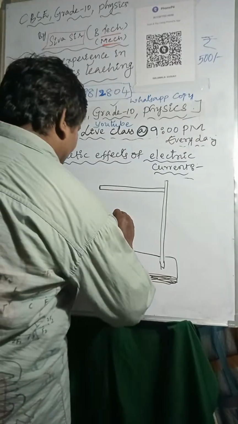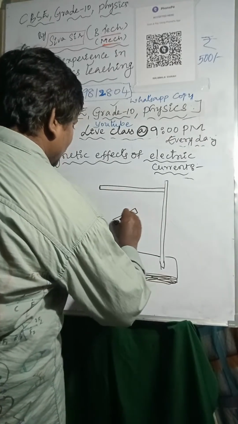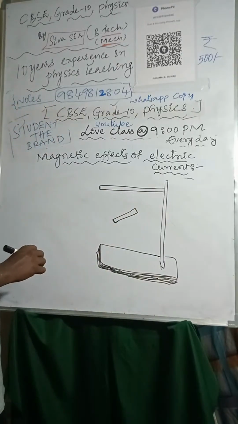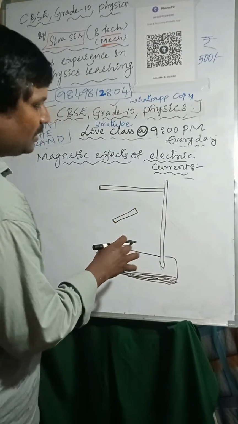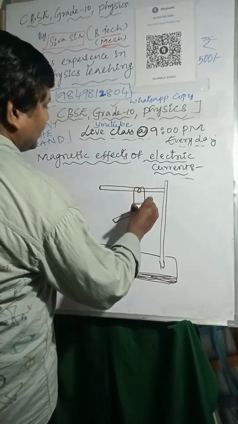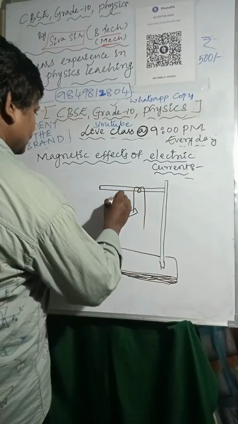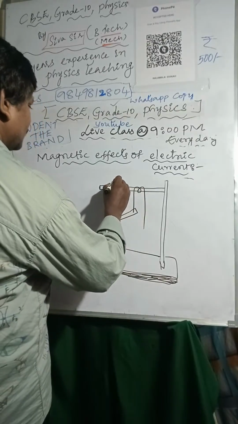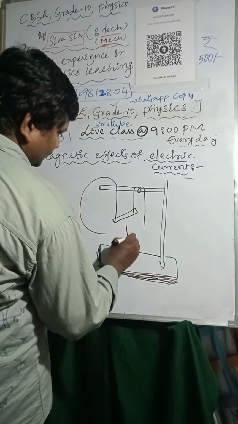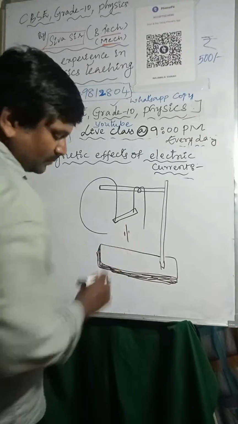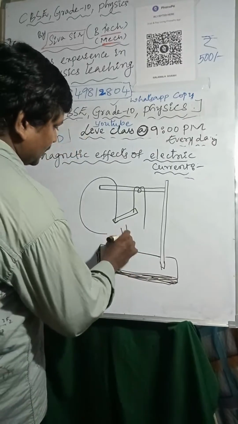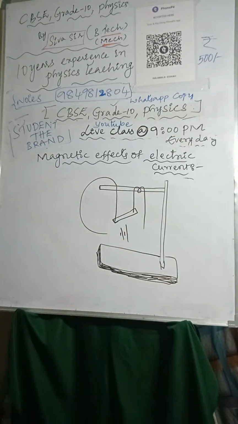I'm taking the magnet. This is the aluminum rod. Here is the aluminum rod. I'm connecting it to the battery, connecting to the rod like this.